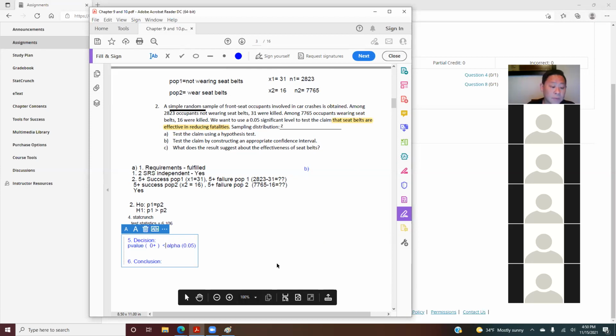Less than alpha. And what decision do we make? Reject or fail to reject H naught? Reject. That is correct. So if your p-value is less than alpha, you will reject your null hypothesis. This is the same thing you did in chapter 8. We're going to use it again in chapter 9.